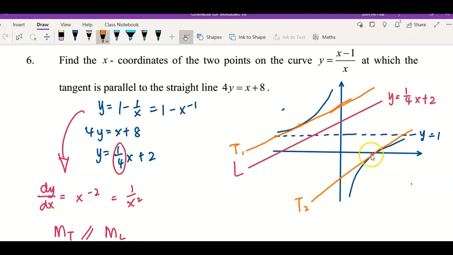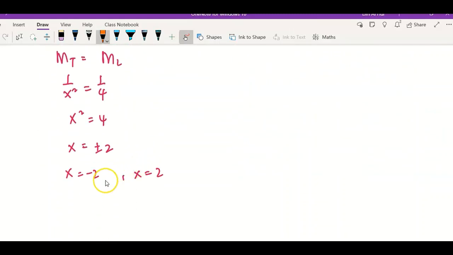You can see that this tallies with what we got. This is negative 2, and this is roughly 2. Now the question asks for the x coordinates of these 2 points at which the tangent is parallel to line L. We got the answer negative 2 and 2.